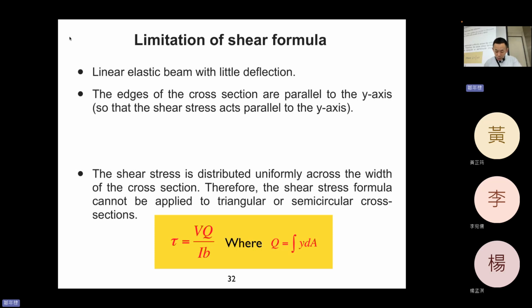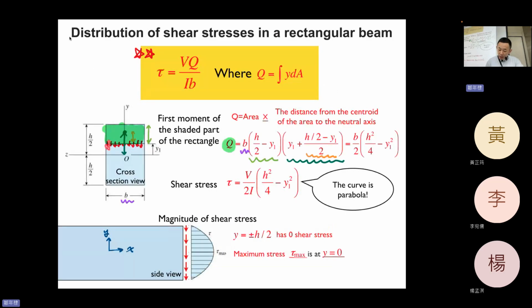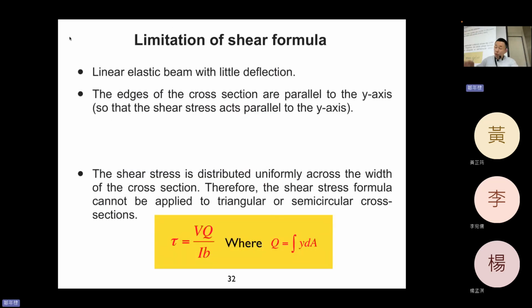Also, we assume that the shear stress is uniform at a certain level and perpendicular to the neutral axis. So everything is something like that.